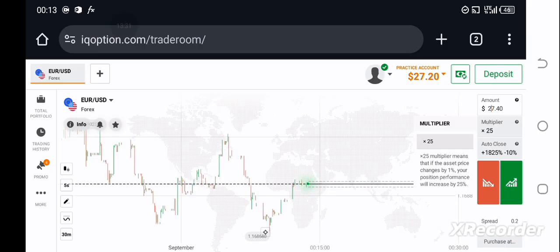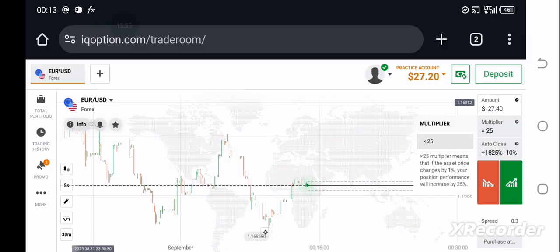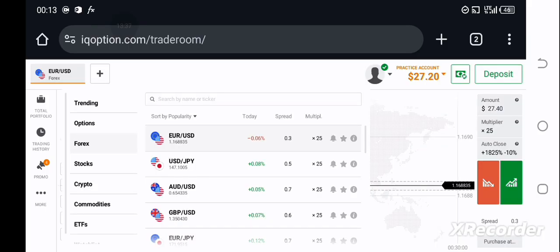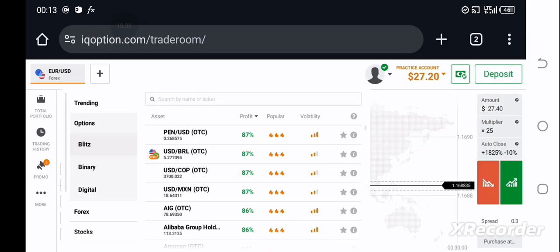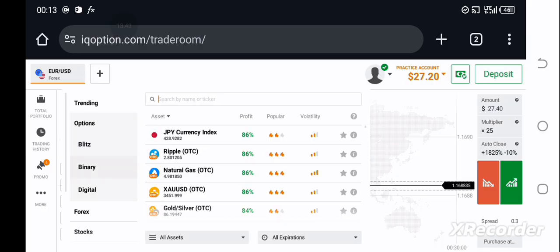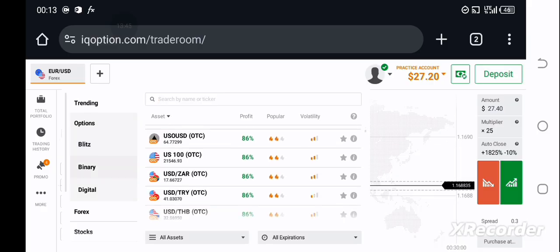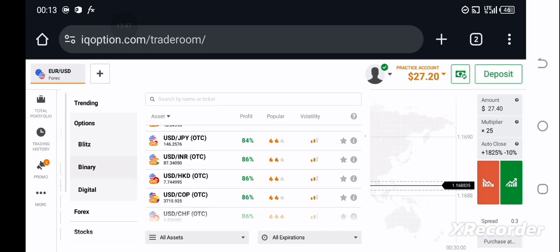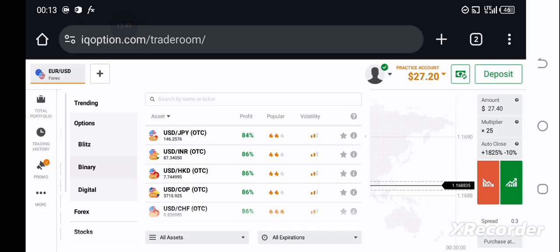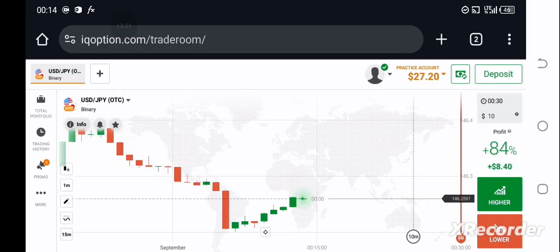So the reason why I ask you to be using this platform is because of the FX options that it has. Select binary, select any currency pair of your choice, let's say US dollar, Japanese yen.